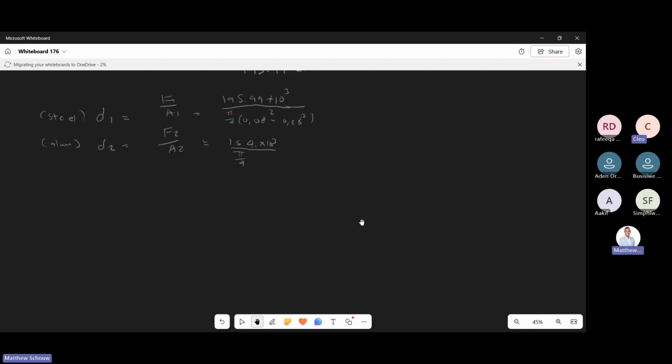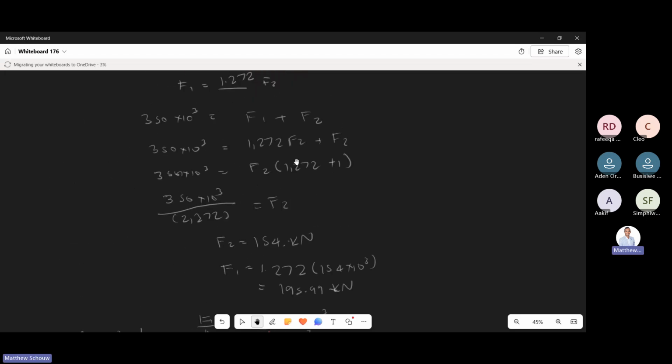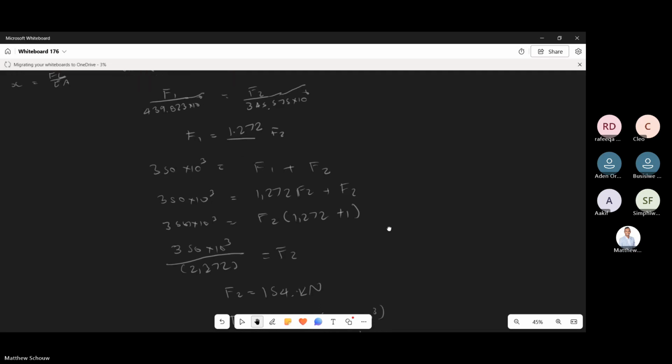I got 8672. Yes, I'm just checking. So I'm looking at the book now. I'm not seeing the same. Let me just confirm something here. I'm assuming that these values over here are right.